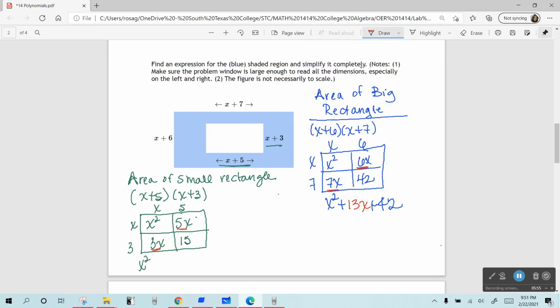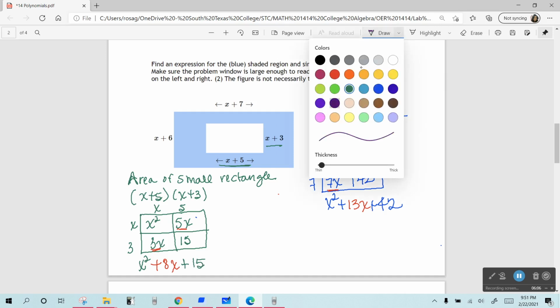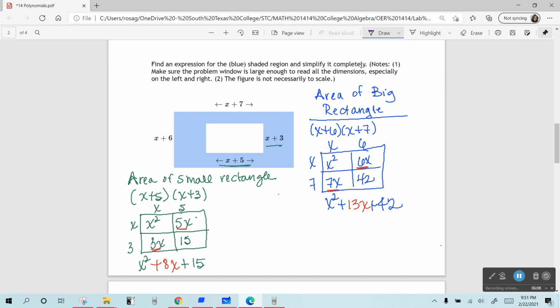This one gets combined with that one for 1.8x. Now we're going to subtract them. So it's going to be this minus.